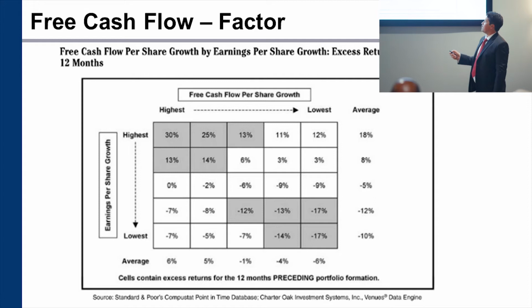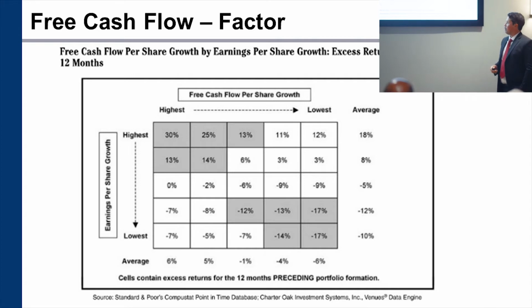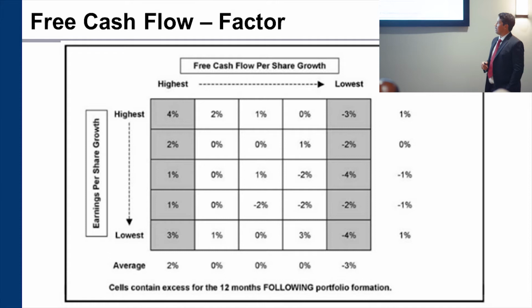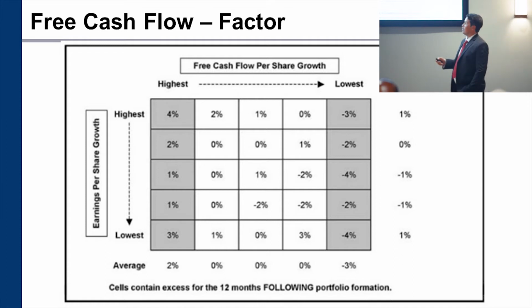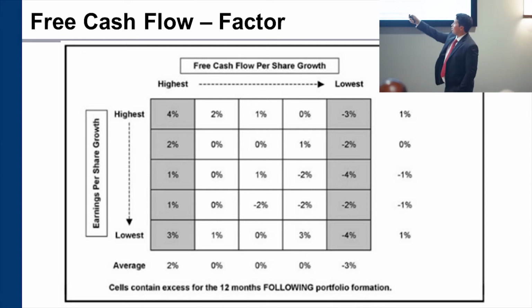And you can see the ones that had the highest free cash flow growth had huge outperformance, 30% over the market. Again, remember, this is perfect hindsight. If we go forward, buy these ones going into next year, there we go. Now we're starting to get a lot more, not a ton, but pretty significant outperformance in all classes.